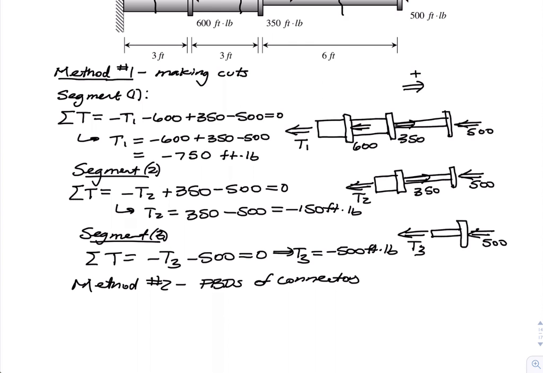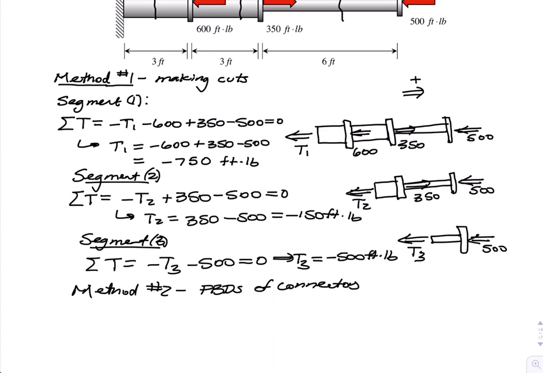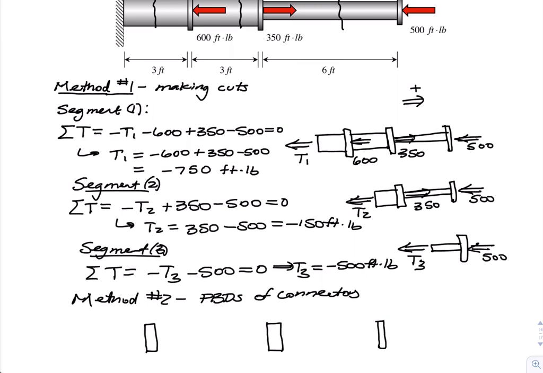So we have a connector there at C. We have a connector there at D. And we have a connector there at H. So I have 600 here applied by the outside. I have 350 here, and I have applied 500 here.